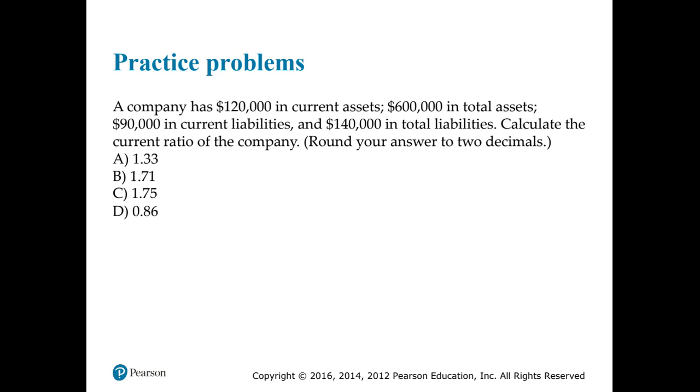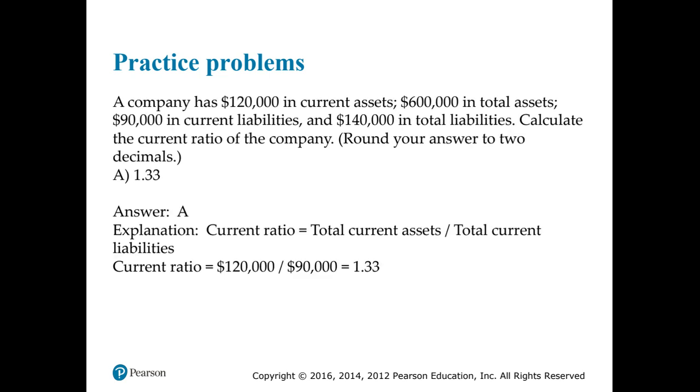So that's right. 120,000 divided by 90,000, and that's going to give us the 1.33.